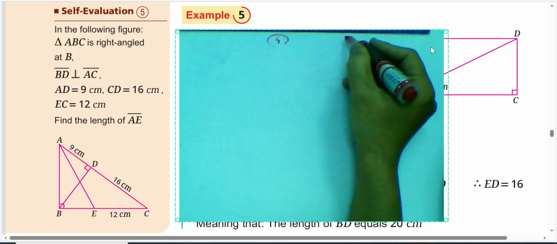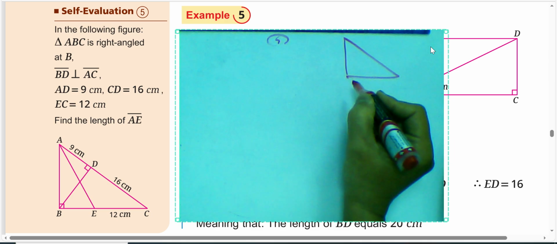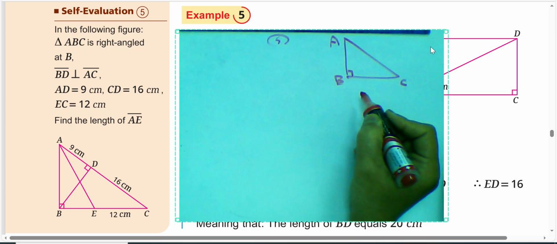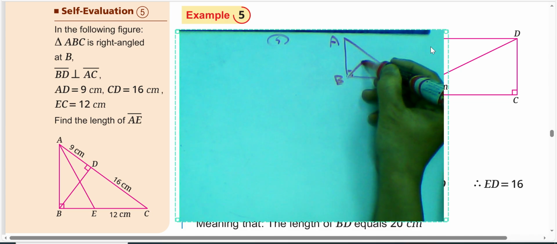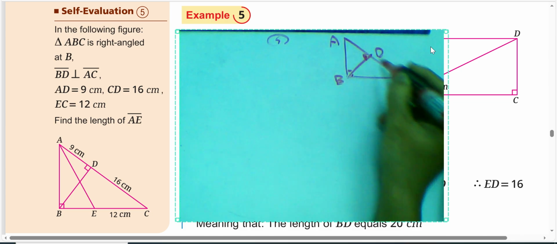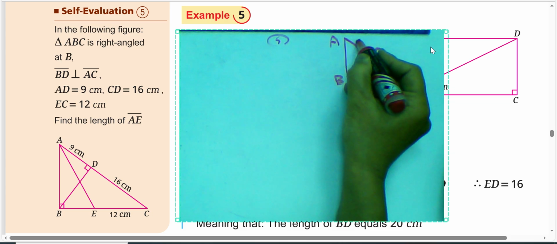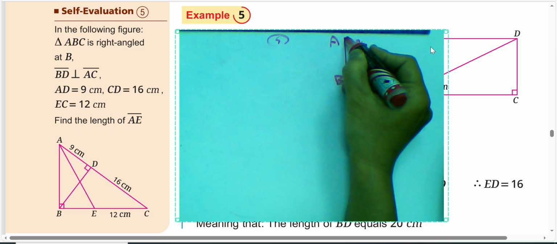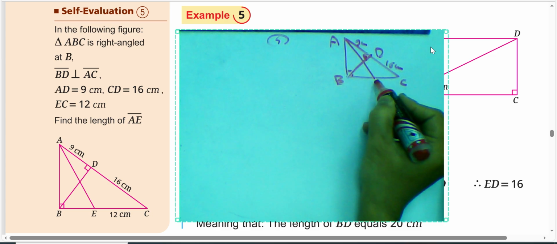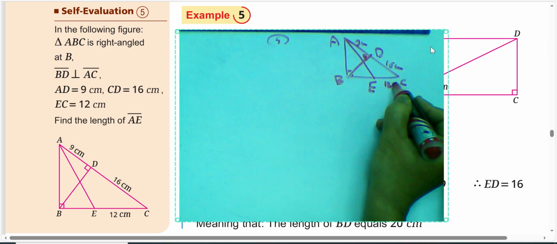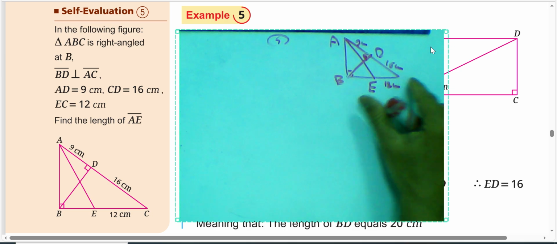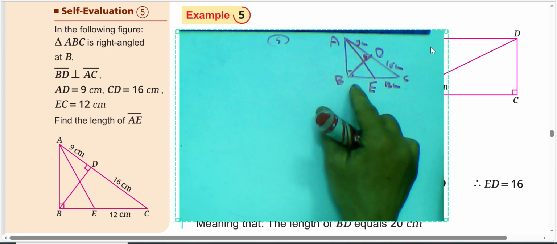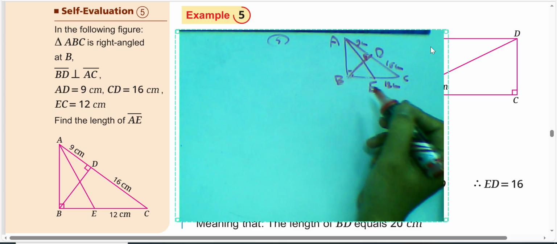Look, we have a right angle triangle here at P, APC right angle triangle, and we have BD perpendicular to AC. This line segment is 9 centimeters and here 16 centimeters, and also here the line segment AE is 12 centimeters. We want to find the length of AE.